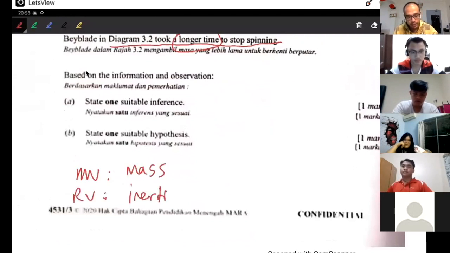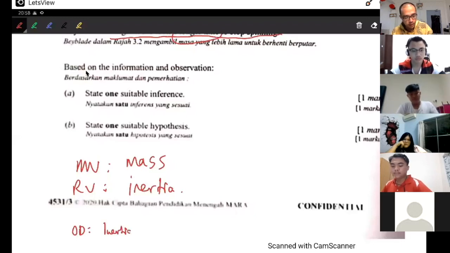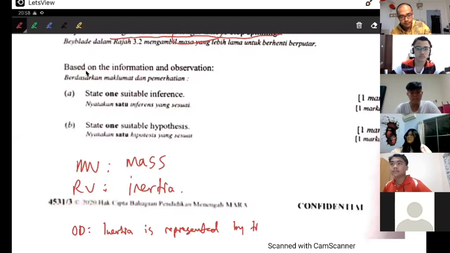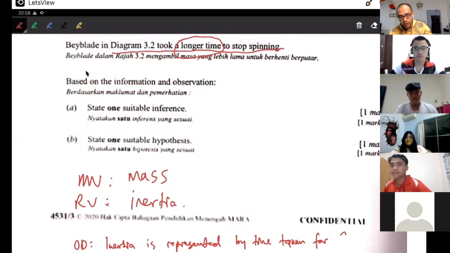And if you remember what I said just now, the responding variable has to be operationally defined. So the operational definition will be inertia is represented by time taken. Time taken for how many oscillations? You can decide. The standard answer is 20 oscillations.